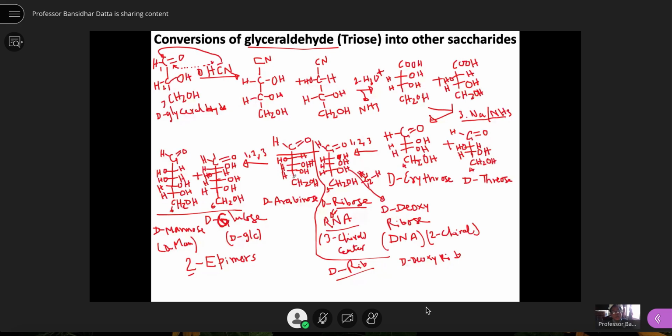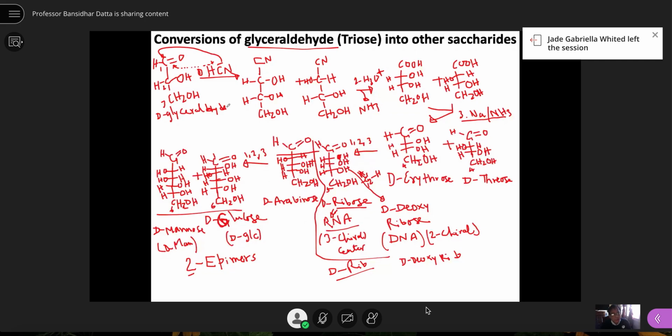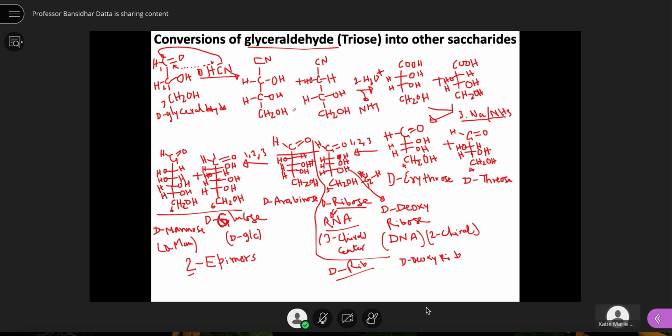Whenever you take one molecule from this, you'll end up with the 2 molecules right here. Always 50-50, 50%, 50%. Because CN minus can attack from this side or from this side. Depending on the attack, they'll make 50-50.